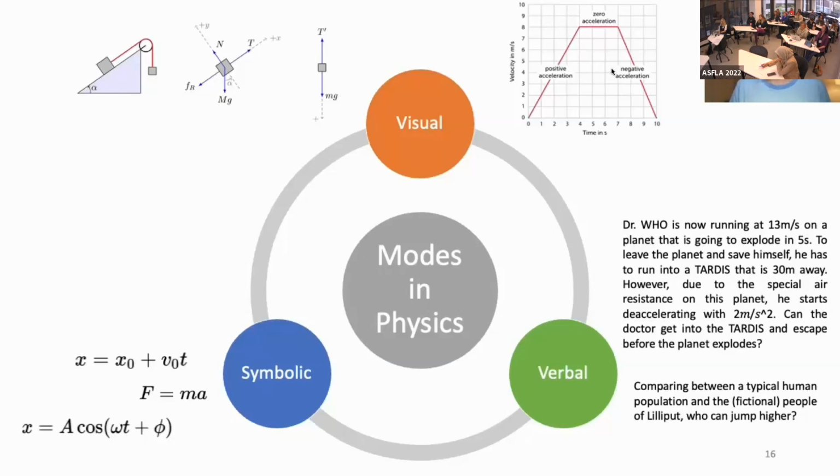And we ask them to compare who can jump higher, in which case students have to put more thinking into it because they don't have the quantitative information. They have to come up with their own assumptions and thinking.